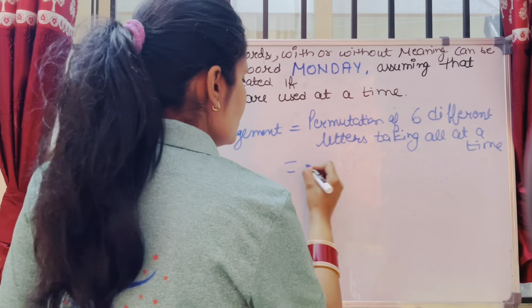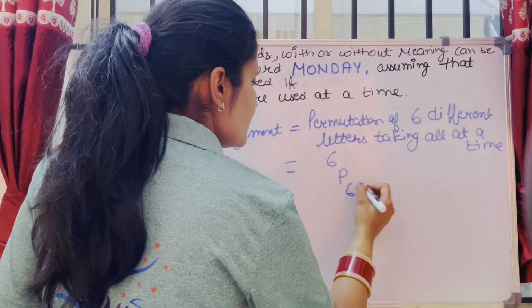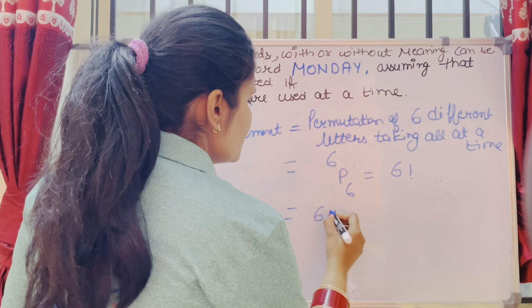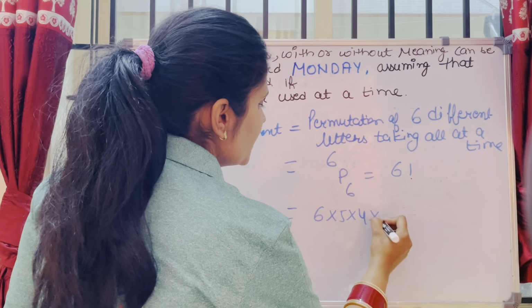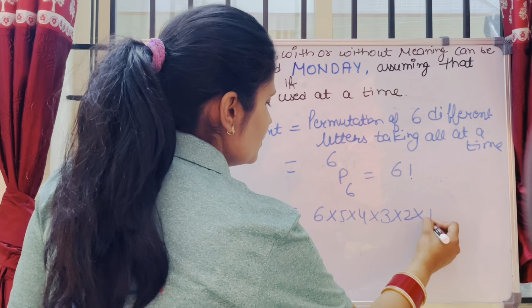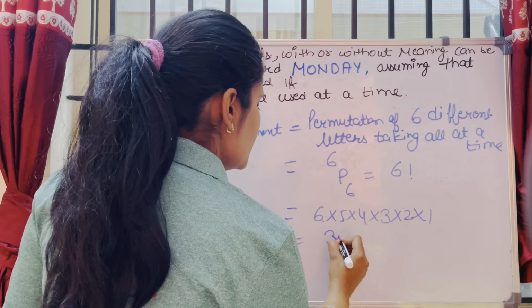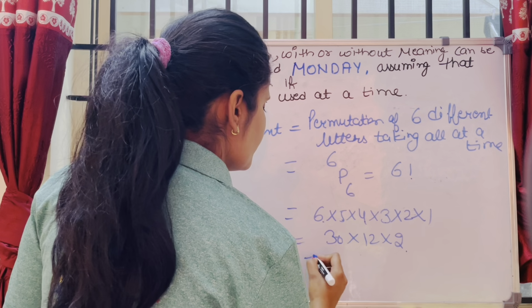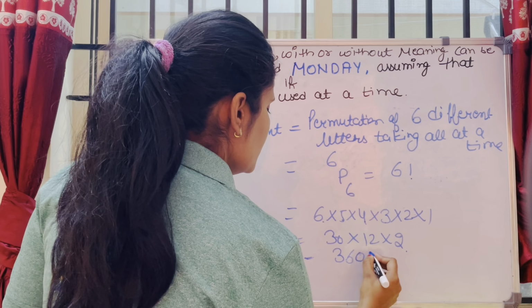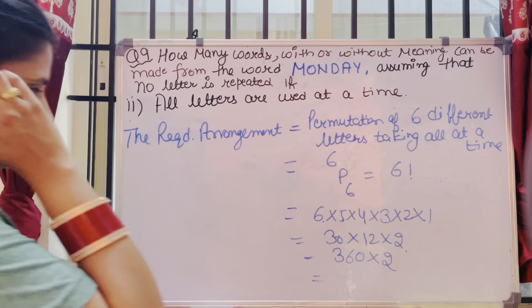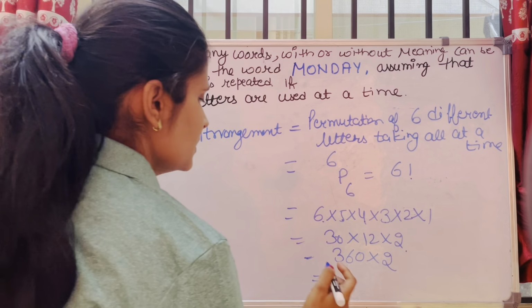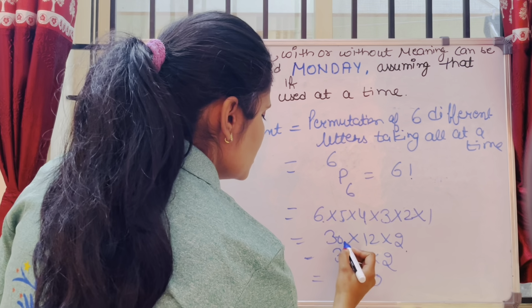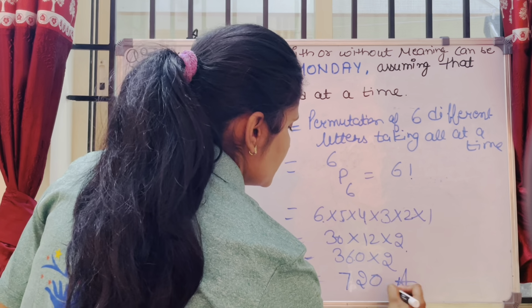Which is equal to 6P6, that is equal to 6 factorial. So 6 into 5 into 4 into 3 into 2 into 1. 30, 12 into 2, 30 into 24, 720.